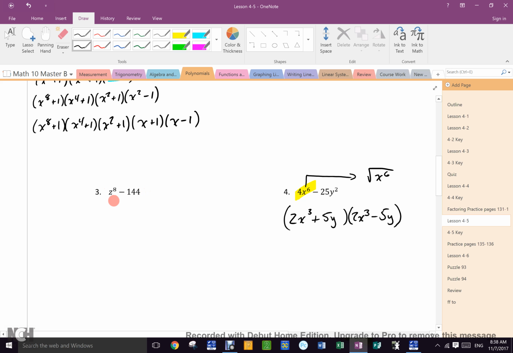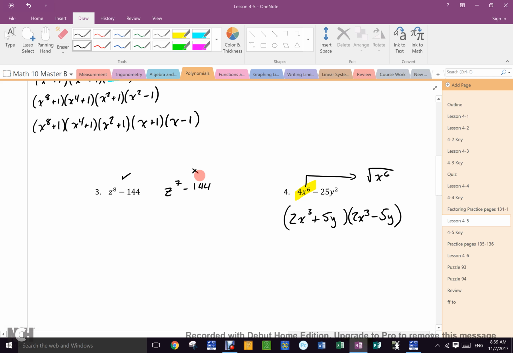Look at this one. Is that a perfect square? Yeah. How do you know? What about that term makes it a perfect square? As opposed to this, z to the 7th minus 144. Why is this one okay and this one not?